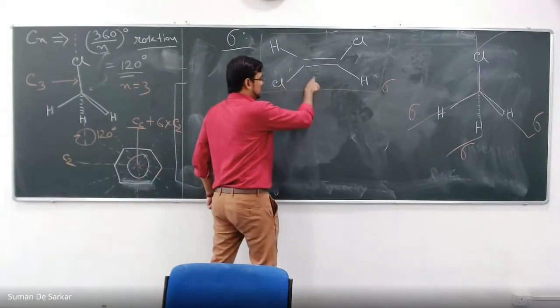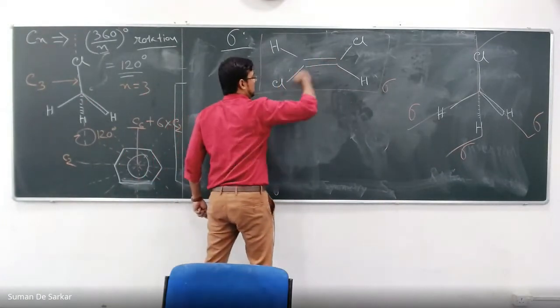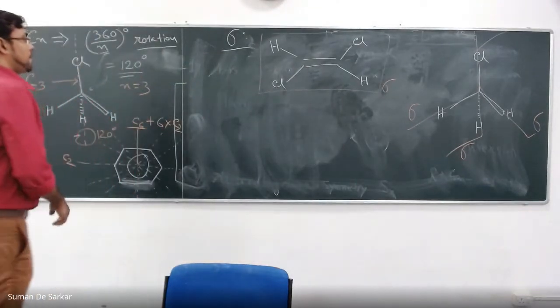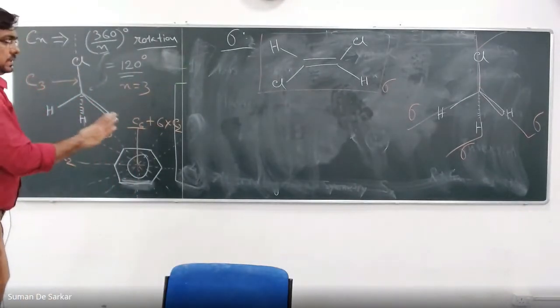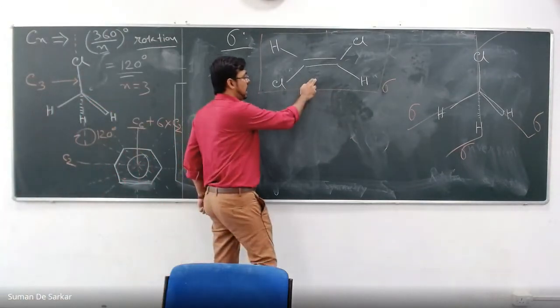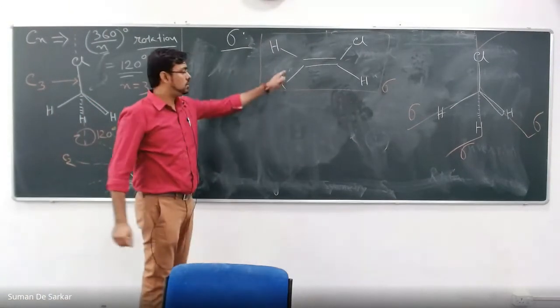First take this molecule, which is trans-1,2-dichloroethene, right? We have already seen the sigma here. Now tell me, is this molecule having any axis of symmetry? Yes, sir. Where is that? It's coming either out of or into the plane of the board.